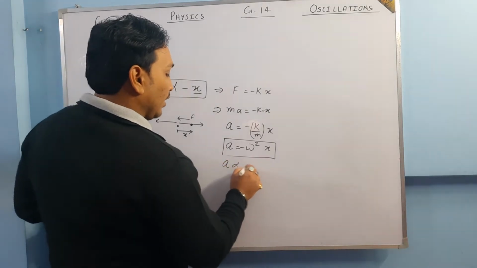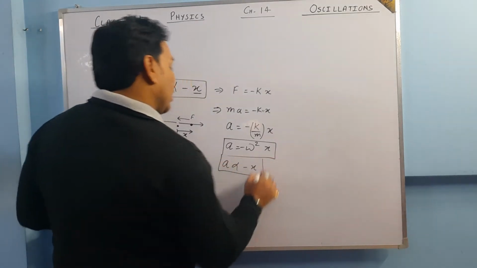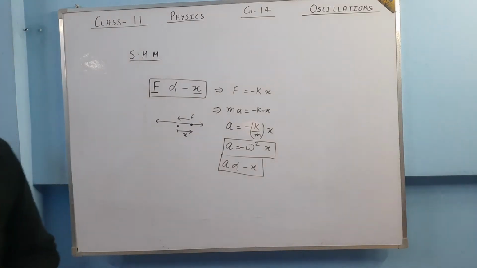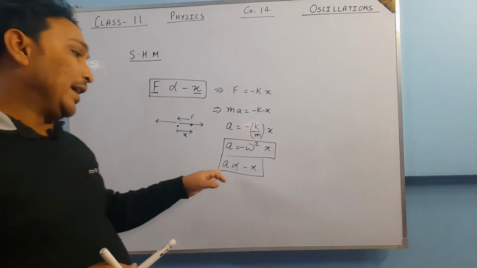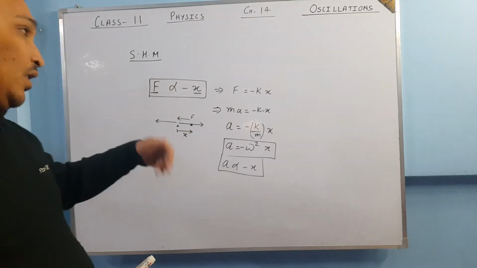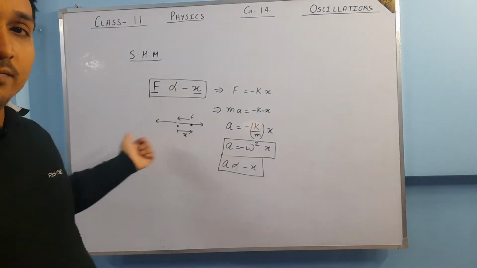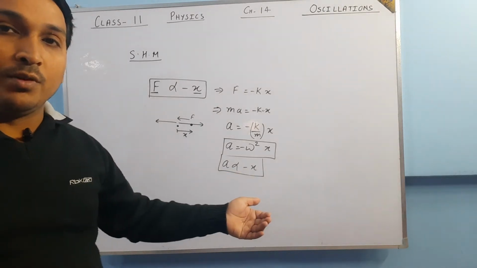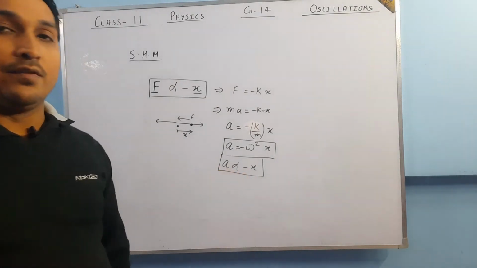And from here we can say that acceleration acting on the particle is always proportional to the displacement from the mean position. The direction of acceleration is in the direction of force, that's why it is towards the mean position. Displacement is always away from the mean position, that is why one negative sign is there.